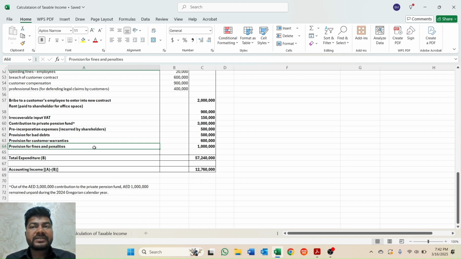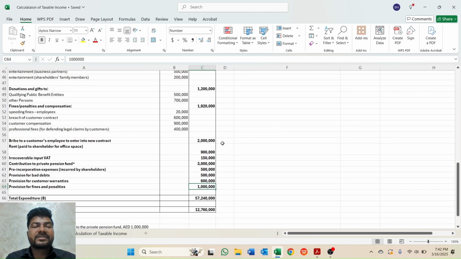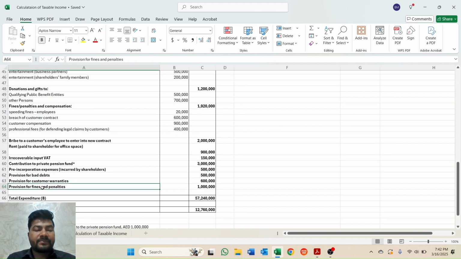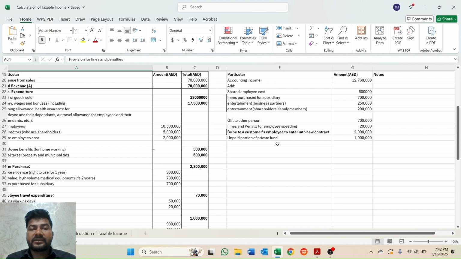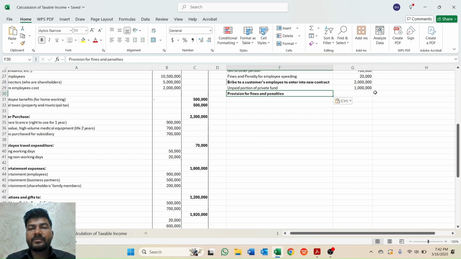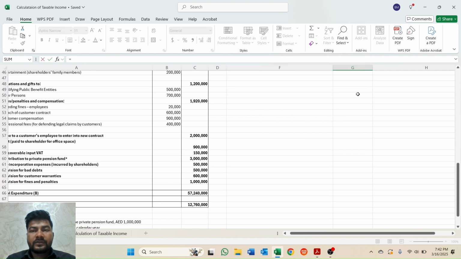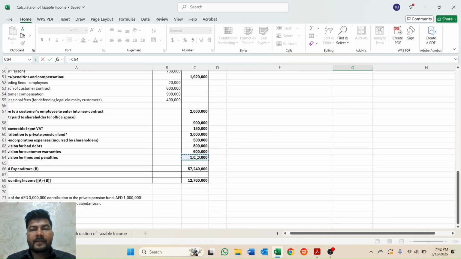Since this is for the violation of government laws and regulations, this is not allowed as a deduction. So we will again add back this provision for fines and penalties to the taxable income. So how much? 1 million.